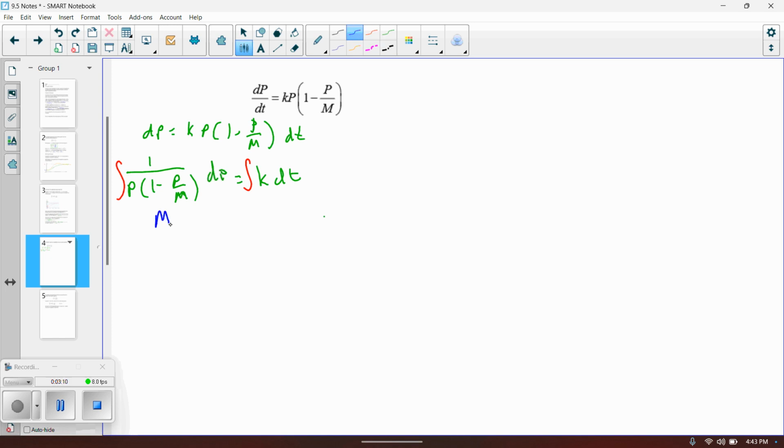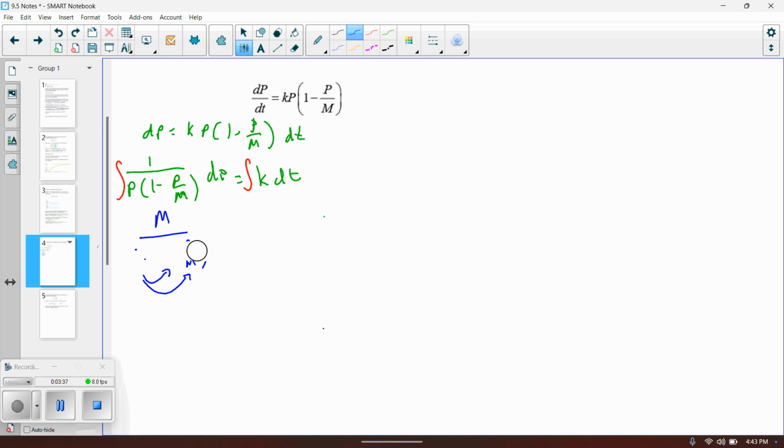So we're going to have an m on top. But again, you have to multiply the bottom by m. If I have mp times 1 minus p over m, and I distribute that m into the parentheses, that m is going to multiply and get rid of the m in the denominator, so we're going to have p only. So we should have m minus p when I distribute.